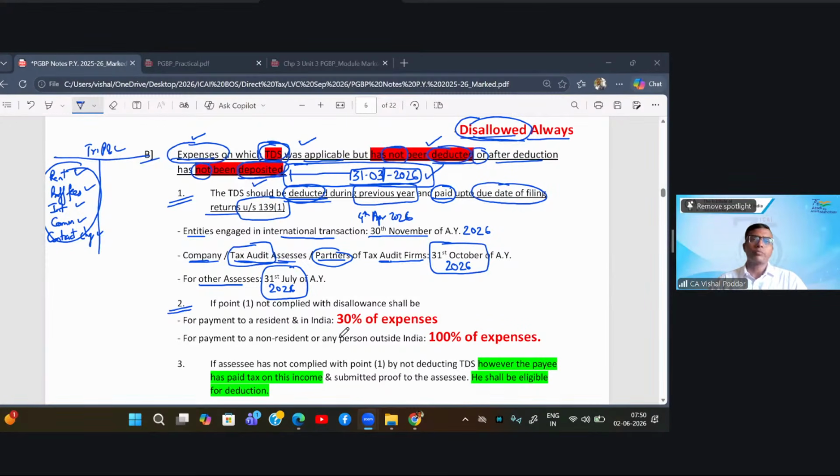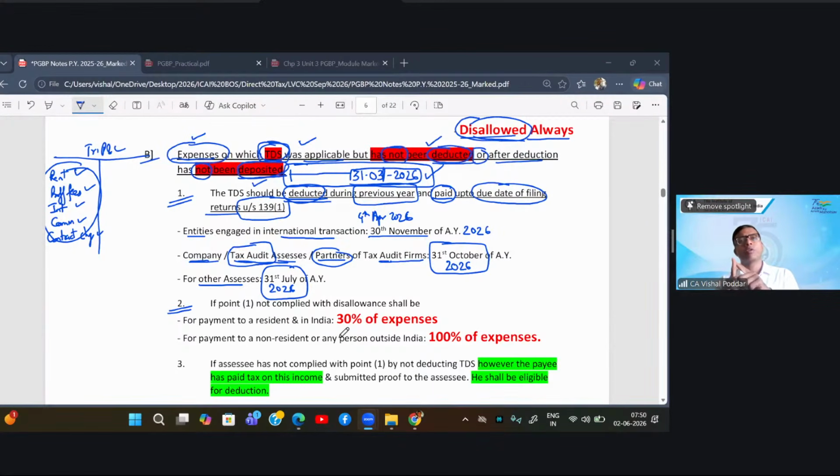Now, if you fail to comply with any of these dates: one, you have not deducted within the previous year.